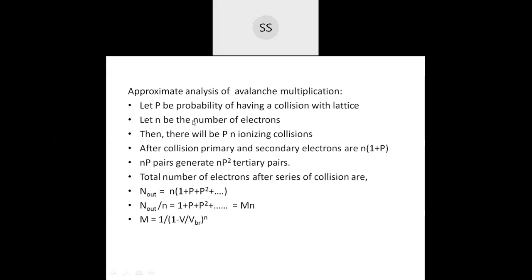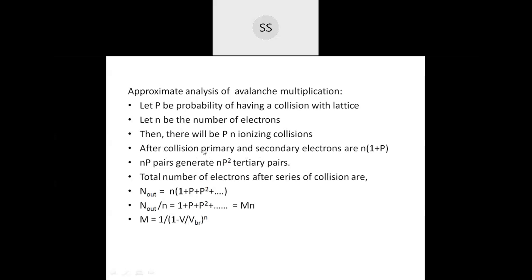And let N be the number of electrons. Then assume that there will be P into N number of ionizing collisions. After that collision, the primary electron is going to generate secondary electrons.